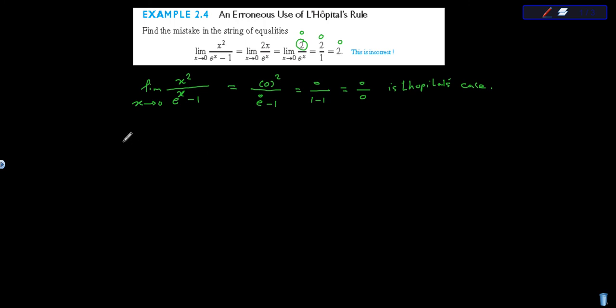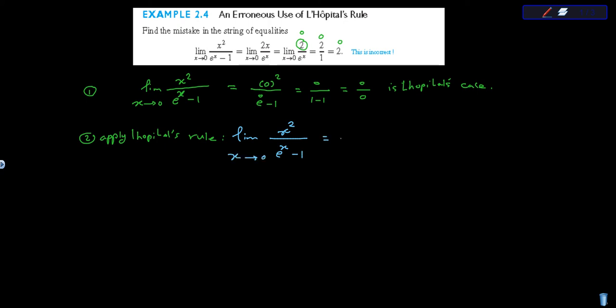Now the second step. This is the first step, substitute. The second step here is to apply L'Hopital's rule. We can write the limit of x squared over e to the power x minus 1 as x approaches 0.